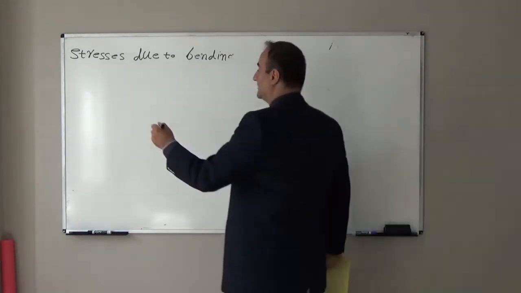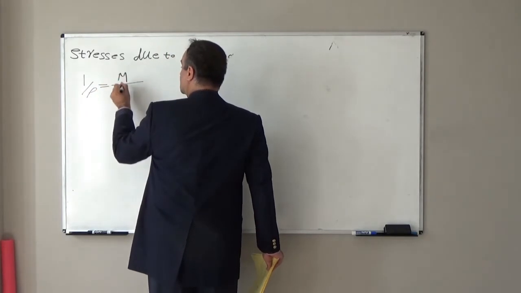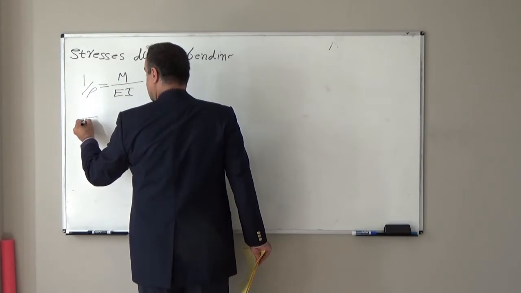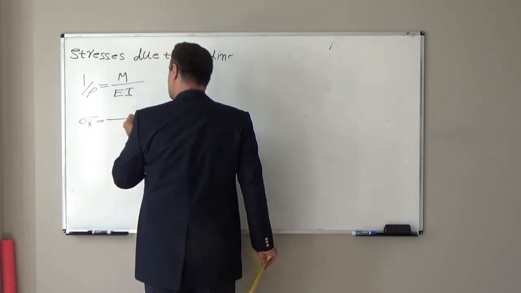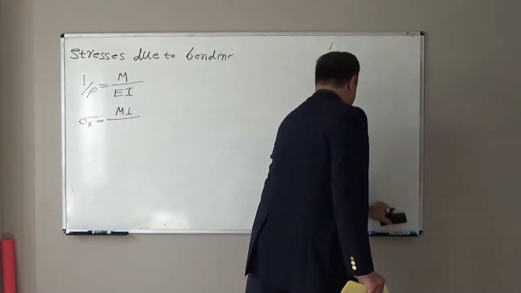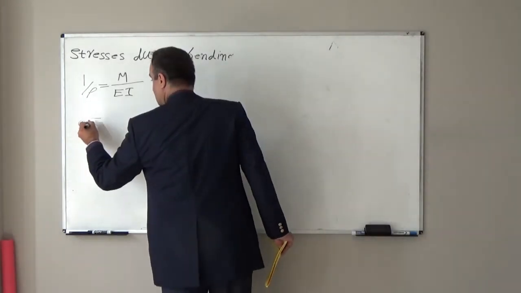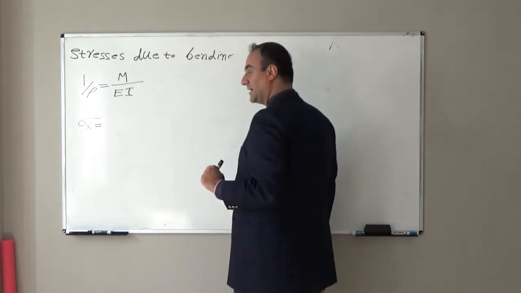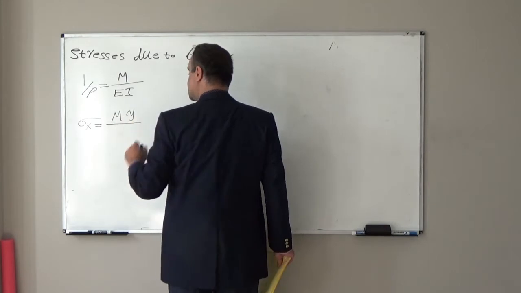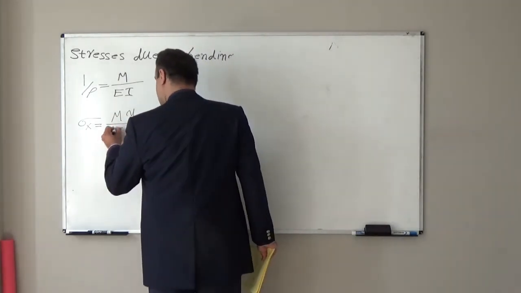what I found, 1 over rho is equal to M over EI, and sigma x is equal to My over I. So sigma x, normal stress due to bending moment, is equal to bending moment times the distance of fiber from neutral axis location divided by moment of inertia.